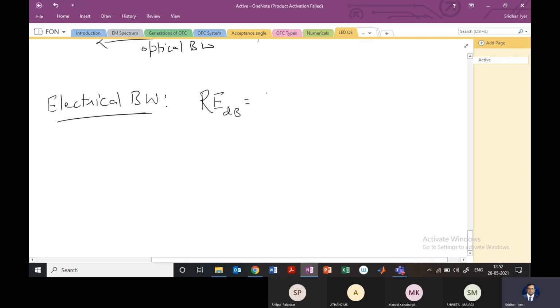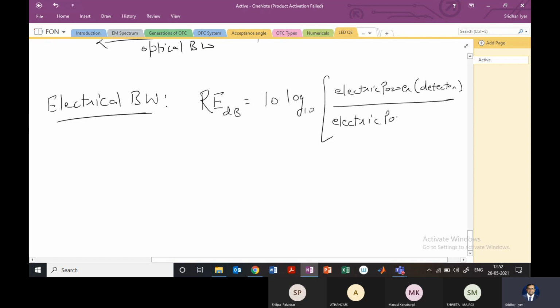Whenever you want to convert to decibels, it will be 10 log to the base 10 of this ratio, which is electric power at the detector divided by electric power at the source. Obviously we want them to be equal, but that's never going to happen.